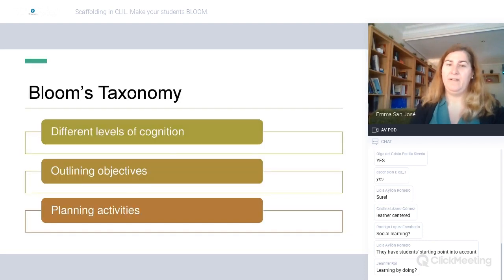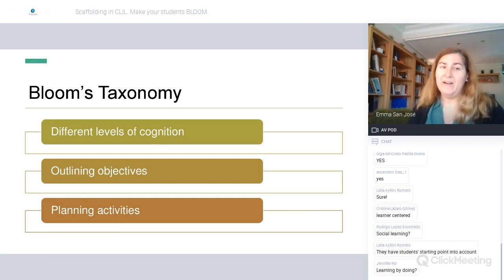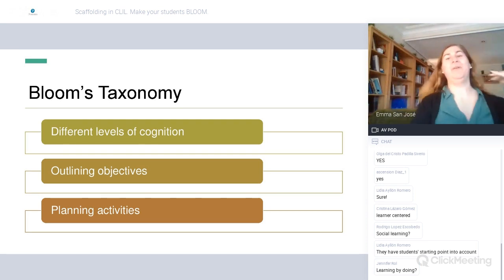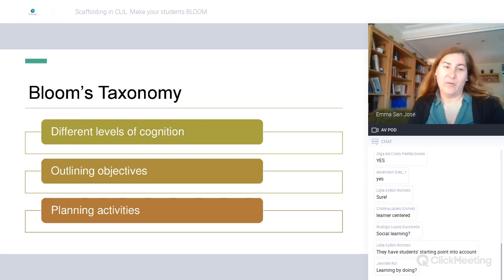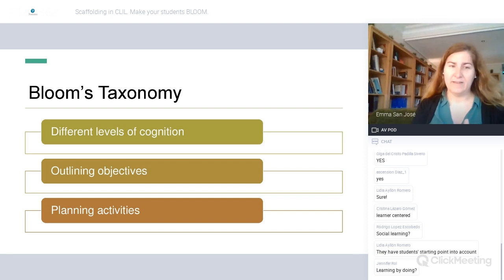And this is where we have Bloom's taxonomy appear in the scenario. Okay, I keep calling him Leopold Bloom, but of course it's Benjamin Bloom who came up with this taxonomy, this list of levels, and that it has been revised to adapt more to the new moments.